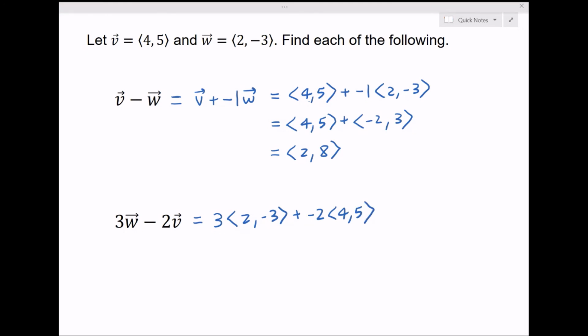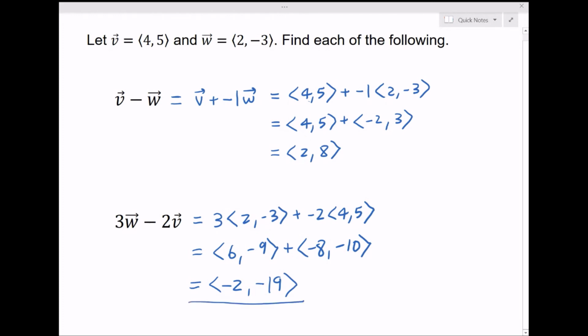And now you would just do the scaling again, right? 3 times 2, 3 times negative 3 is 6, negative 9, plus negative 2 times 4 and 5, so negative 8, negative 10. And again, now we're just adding. 6 and negative 8 is negative 2, negative 9 plus negative 10 is negative 19. And so that's our final answer.